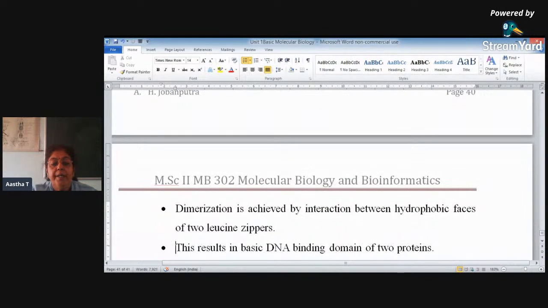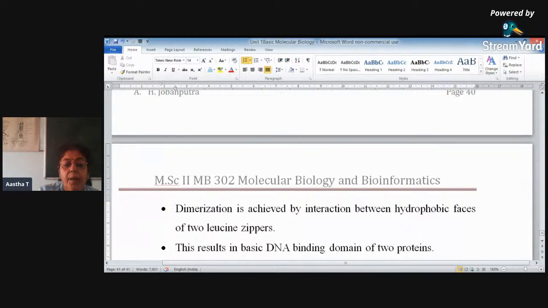Dimerization is achieved by interaction between the hydrophobic faces containing the 7th amino acid leucine of 2 leucine zippers. The 2 leucine amino acids from both sides form a hydrophobic face, and they form the leucine zipper.